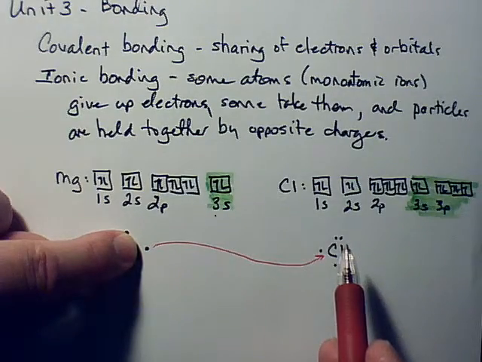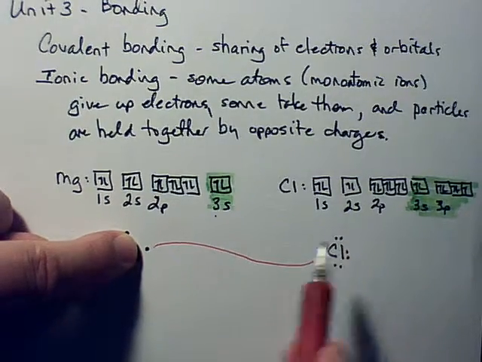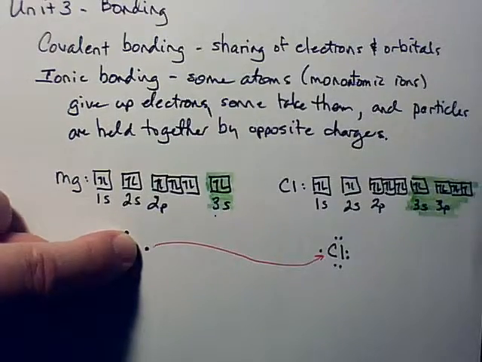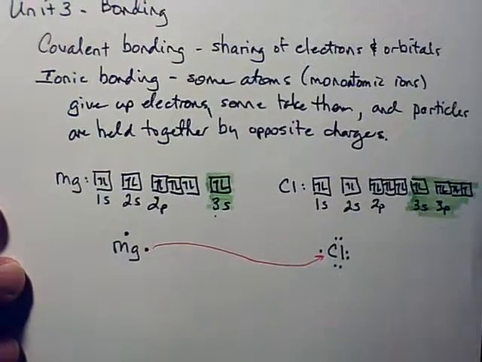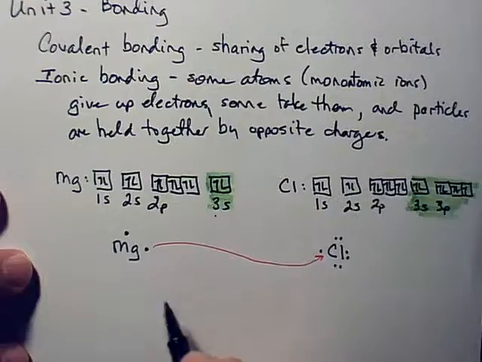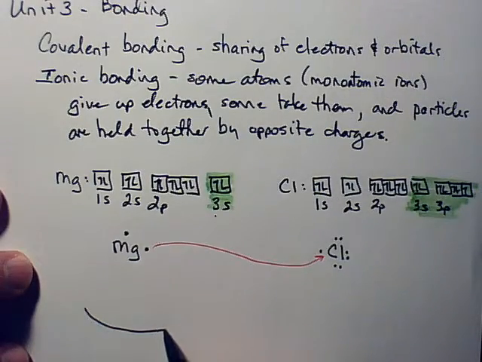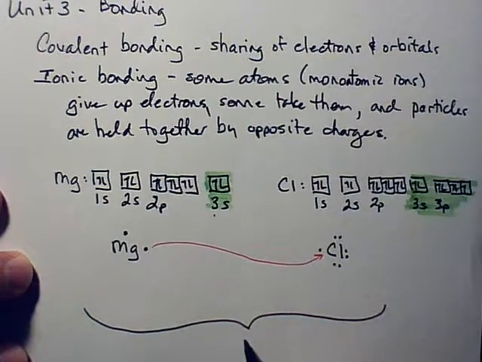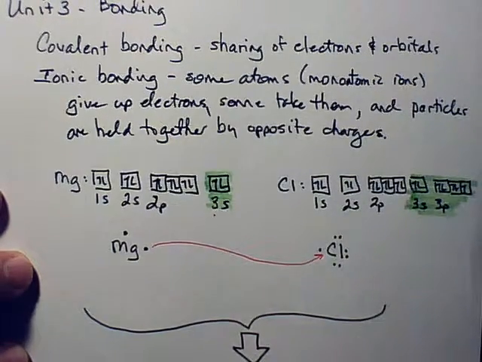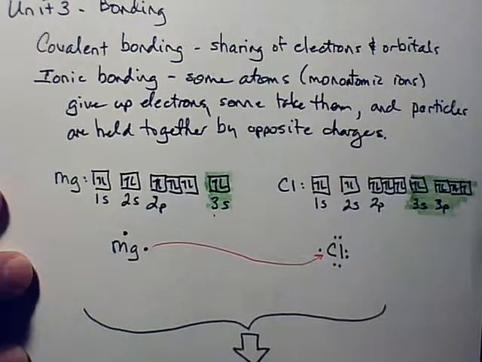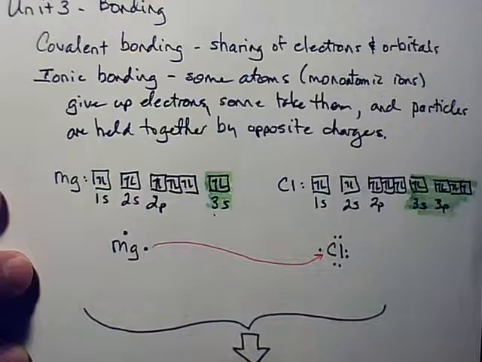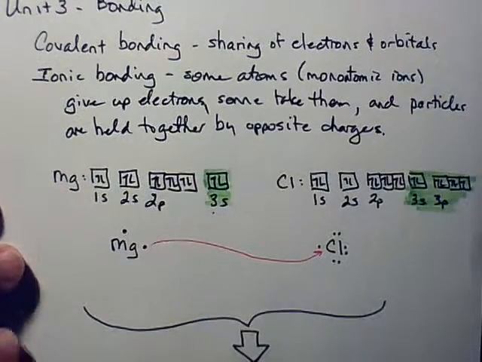But are you still lost? You're okay? Okay. So if I do that, then let's do this. Then I'm going to have chlorine with 1, 2, 3, 4, 5, 6, 7, and now 8 electrons.